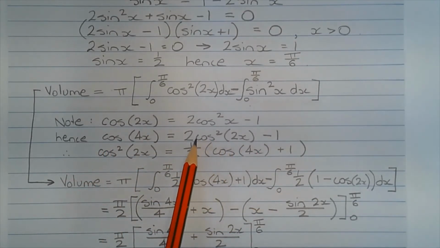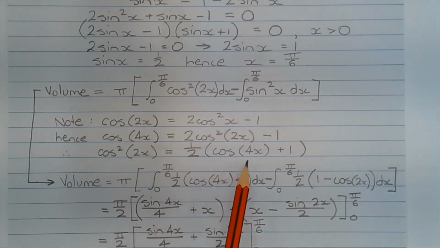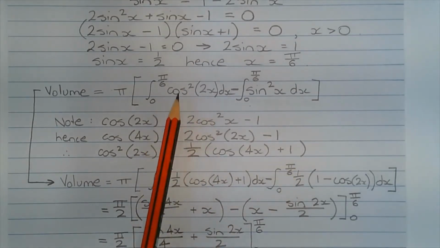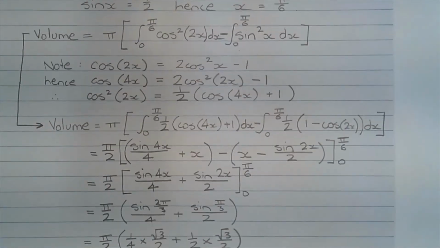And we can make cos squared 2x the subject of the formula because that's what we need to replace in this integral here. So cos squared 2x is equal to half outside of cos 4x plus 1. And that can be substituted for cos squared 2x in the integral here. Likewise, for sine squared x, we can substitute half outside of 1 minus cos 2x in its place. And they're definitely simpler to integrate.